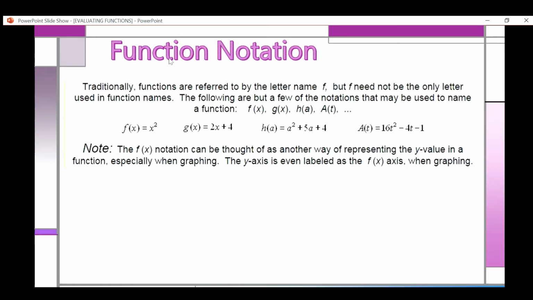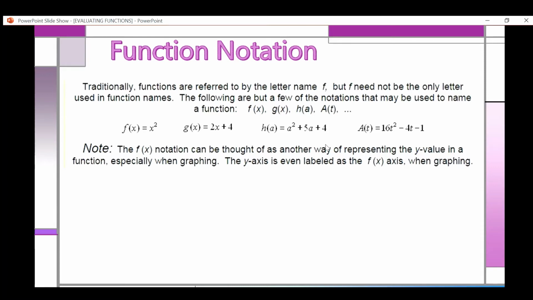So more on function notation. Traditionally, functions are referred to by the letter f. But it doesn't always need to be the letter f. We can also use other letters, for example f of x, g of x, h of a, and a of t.